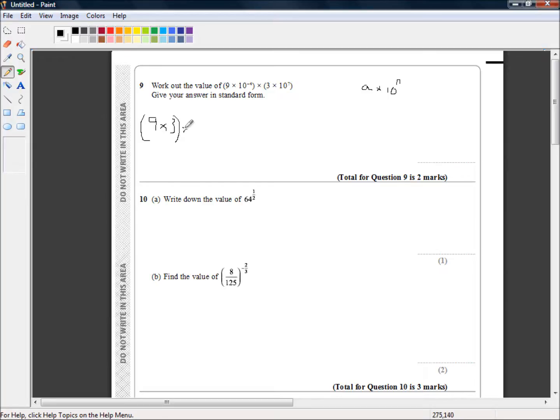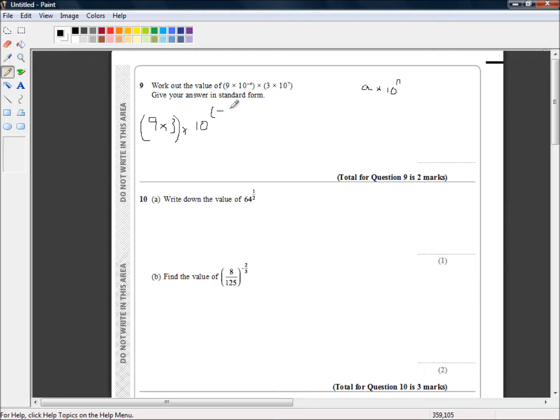The brackets are only for show, they don't actually have any mathematical use because they're not really changing the order of operations here. 9 times 3 times 10 raised to the power of, and to multiply numbers with exponents, provided the bases are the same, we just add the exponents.